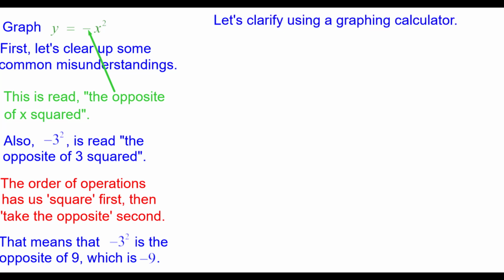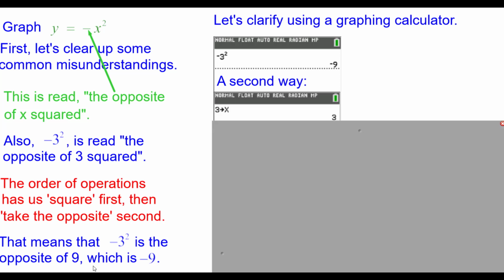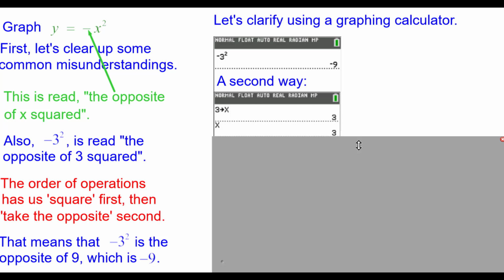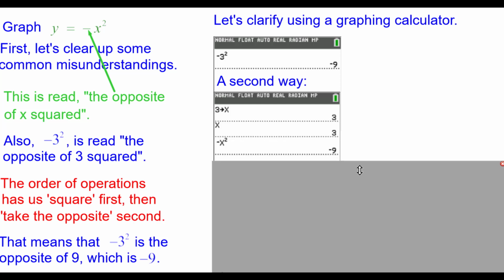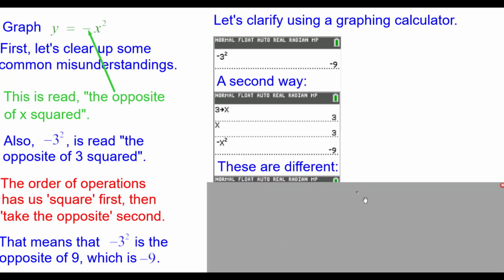To clarify that, we'll use a graphing calculator. So here, I typed in the opposite of 3 squared, and I got the opposite of 9, which is negative 9. A second way is I could store 3 in for x, and then type in the opposite of x squared and see that you get negative 9. So these are different.